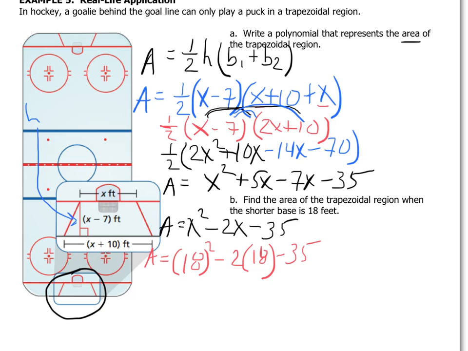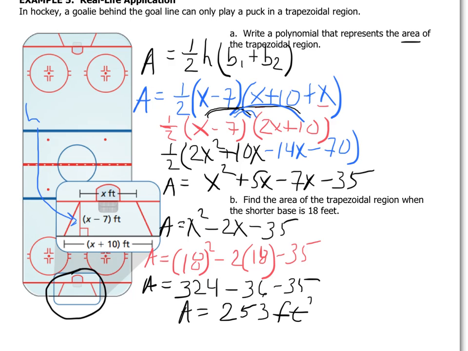So when we do 18 squared, we are going to get 324 minus 36 minus 35. When I take 324 and subtract 36 and then 35, I get my area is 253. And we're referring to feet, so I certainly want to make sure I include the label square feet. So 253 square feet would be that small little trapezoidal region right behind the net on a hockey rink.